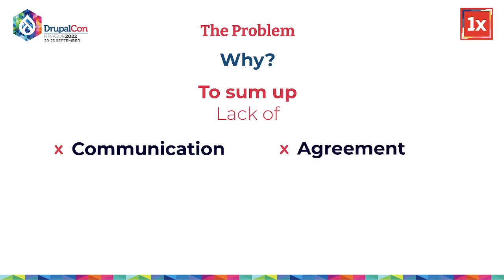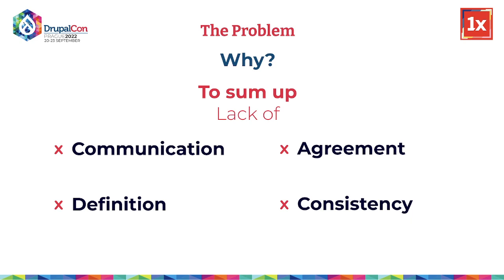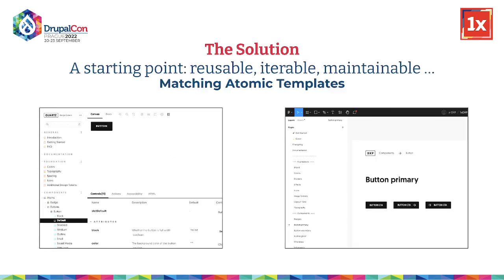Agreement between both teams on how things are going to be done, where, how, or even if they are possible. Definition of the flow, of the tools that you're going to use, the processes, how you are going to communicate. So in general, having a roadmap to follow. And of course, consistency. You have to be consistent between design and development implementation.